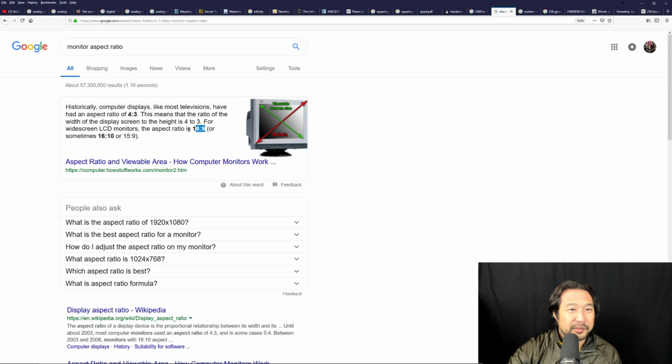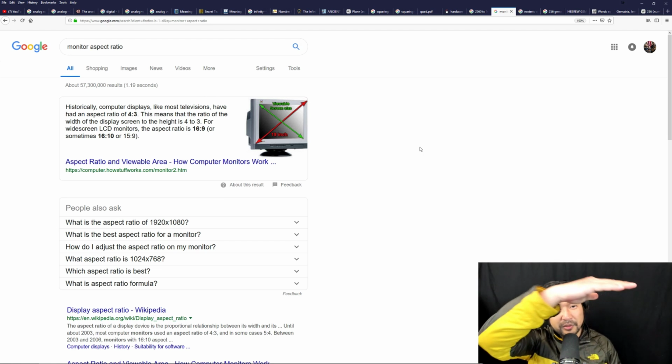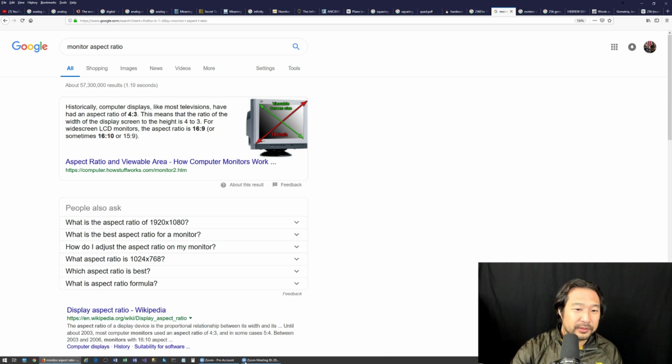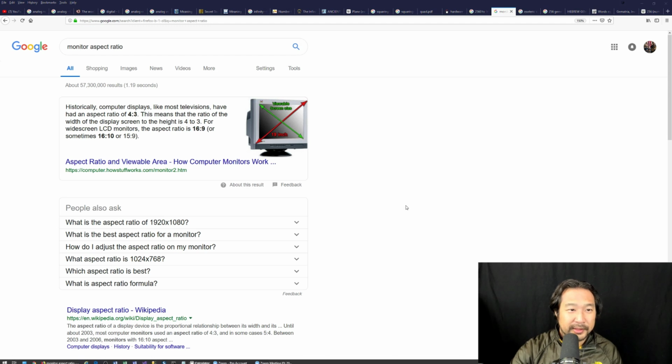Now the ratio doesn't matter. It's just all about the amount of pixels within the monitor. So basically, the pixels horizontally and the pixels vertically are multiplied together, and that's the resolution. For example, let's use the calculator.